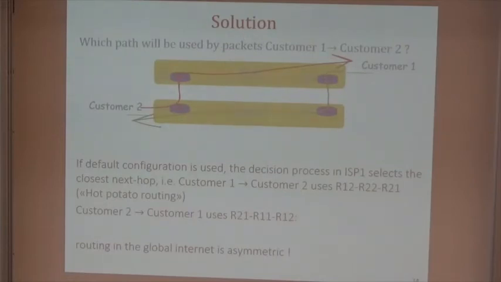It is quite possible that when you do a ping in one direction or in the reverse direction, the packets follow different paths. And the typical reason is BGP. The decisions to route from A to B do not lead to the same results as the decision to route from B to A. Here is an example here. So in particular, we should not assume in the internet that routing will be symmetric.